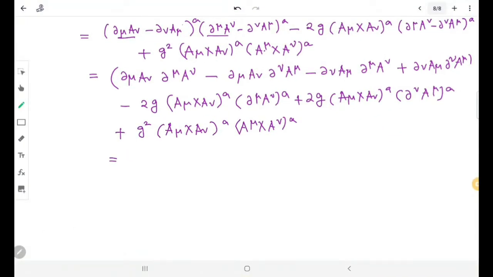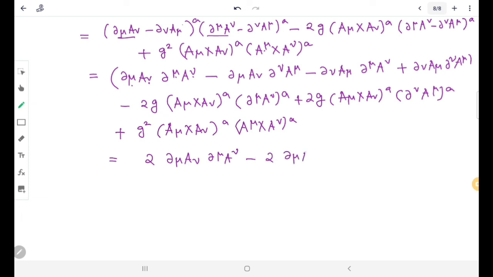So here you see mu and mu contracted, nu and nu. The place is first place for the mu, second place for nu. Here we have nu and mu, just like mu and nu, but in this case we have nu first and mu second. So these two terms are exactly equal. So we can write them as 2 partial mu and a nu, and partial mu and a nu. These two are exactly same, and similarly these two are exactly same.